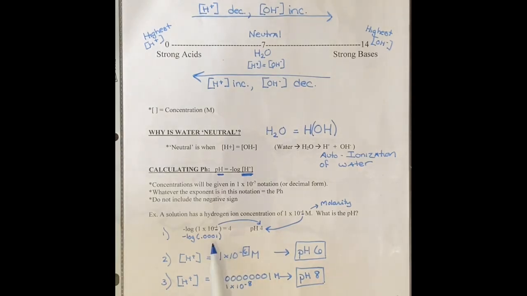This is larger, therefore this is more acidic because the hydrogen concentration is greater. So you kind of have to wrap your head around that a little bit. Because of that logarithmic equation, that is why lower pH values mean a stronger acid.